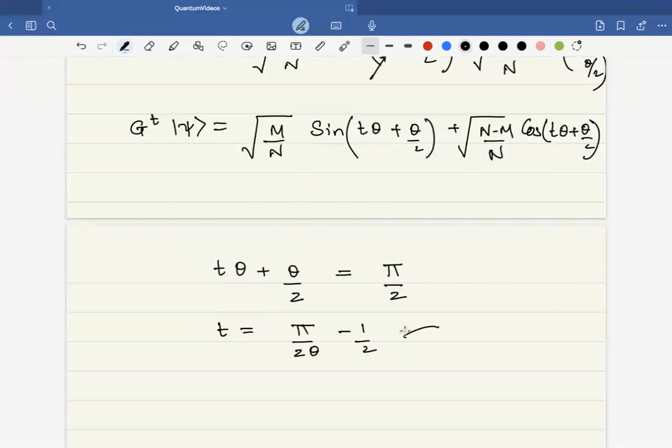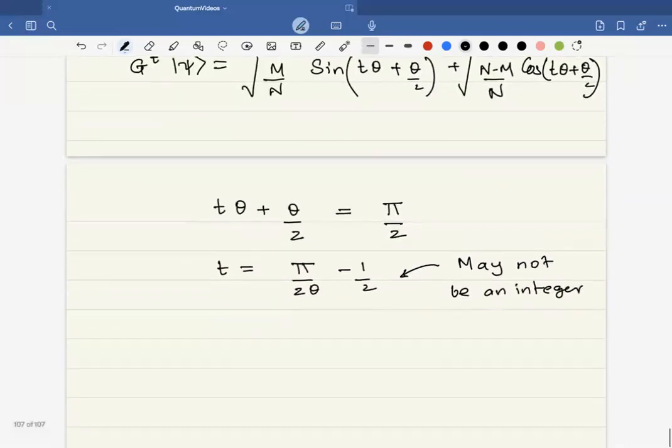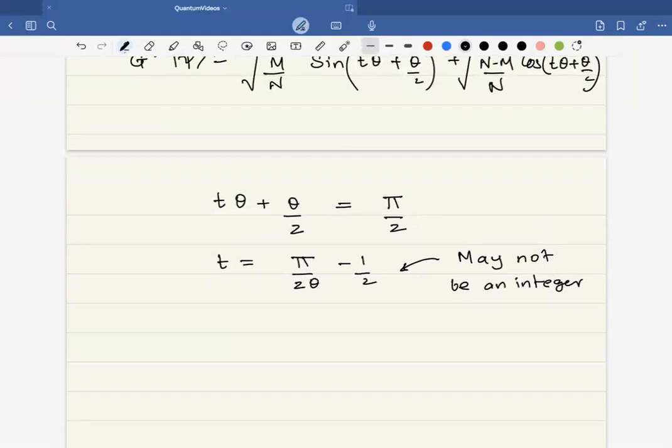But the problem is that this may not be an integer. So what we do is that we choose an approximation, which is an integer. So we take the actual number of rotations to be pi over 2 theta. This is the largest integer which is less than this value, right? And we approximate theta as 2 square root of m over n, the first order approximation.